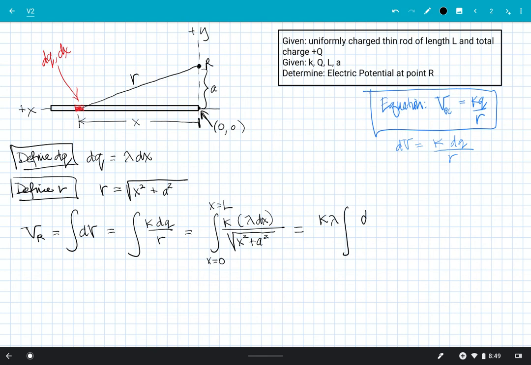And then I have dx over root x squared plus a squared going from 0 to L. Okay. So that's kind of what there is for that. After that, of course, you'd integrate and then you'd evaluate to express your final potential. And that is, of course, all done in the written solutions. That's what you would need to do to finish the problem.